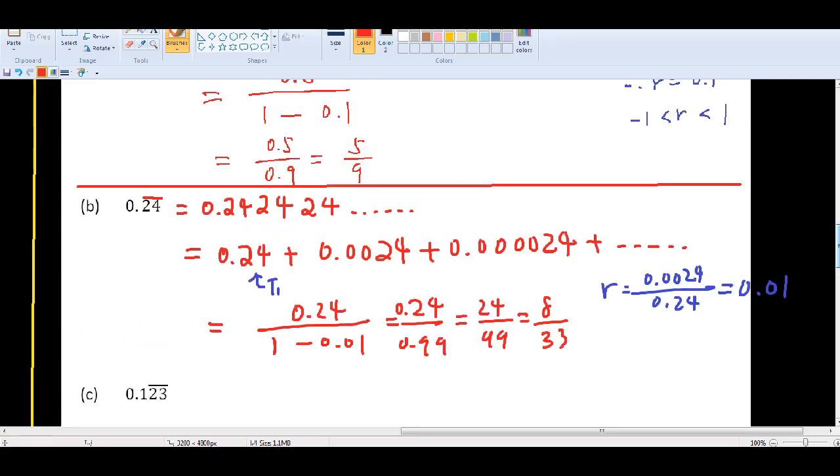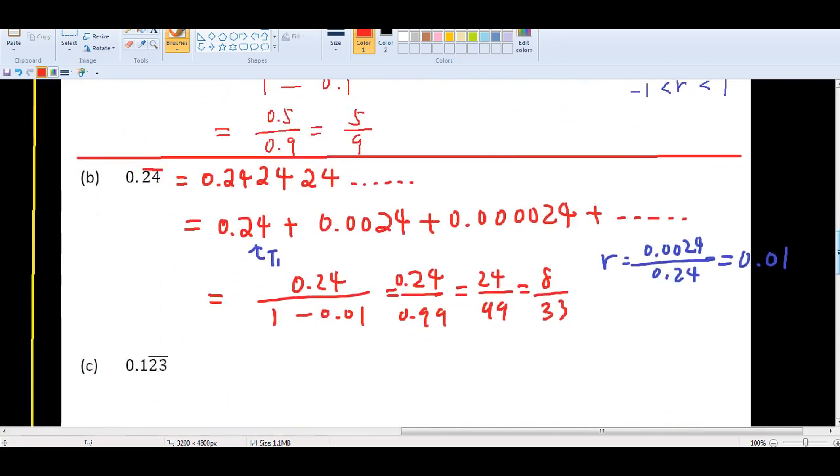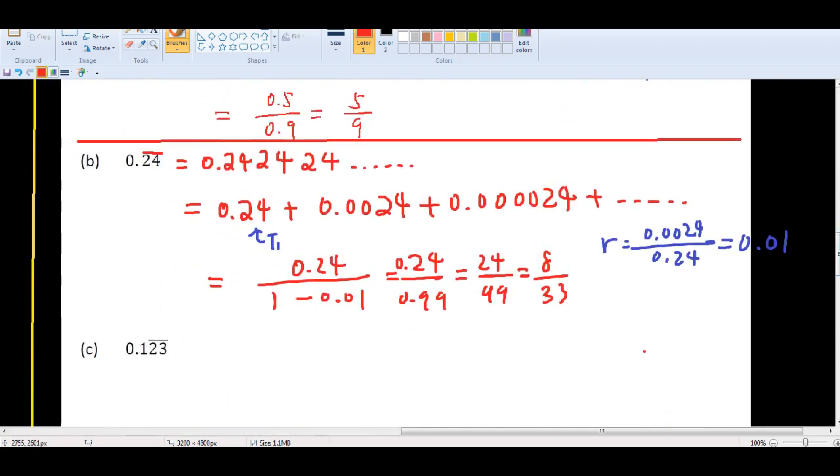Last time it was only 0.1 because there was only one digit. If there are two digits, it's 0.01. If there are three digits, it becomes 0.001. Then you could apply that infinite series formula, and you get 24 over 99. Then you still need to simplify that.